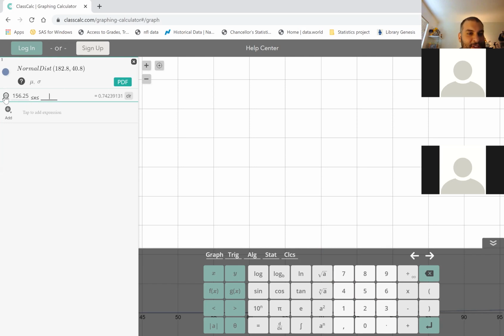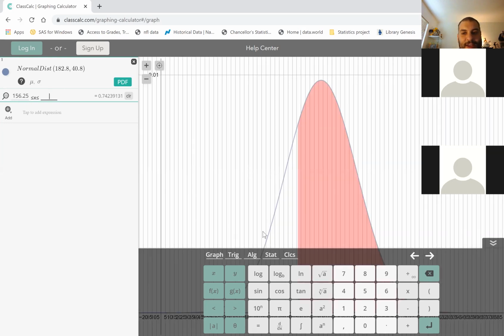If you want to show the drawing, you can press that button, and it looks pretty similar to the drawing we have. So the answer for this one is 0.7424. And that's it for part B.